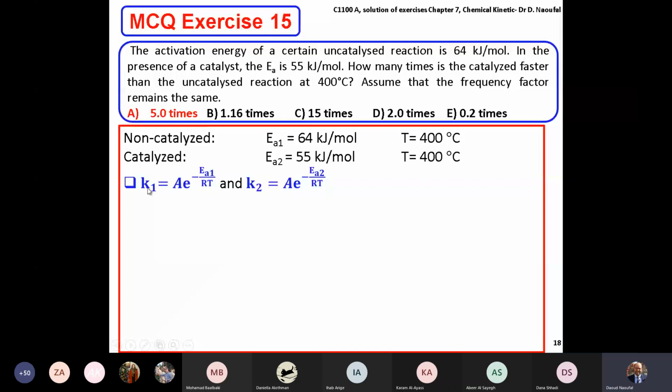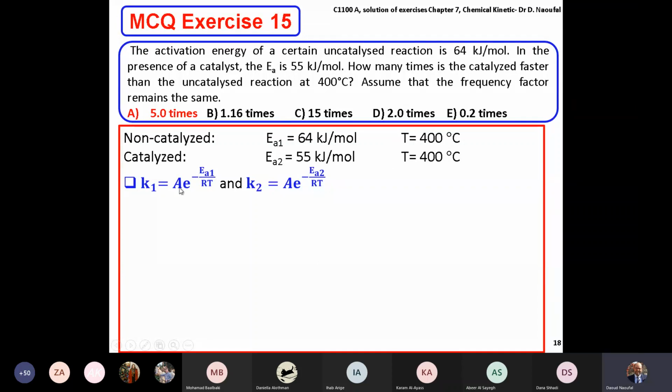The rate constant of the non-catalyzed reaction is different from that of the catalyzed, since these two reactions are different, even at the same temperature. K1 equals A e to the minus Ea1 divided by RT1, and K2 equals A e to the minus Ea2 divided by RT2, but the temperature T1 is equal to T2, equal to 400 degrees.